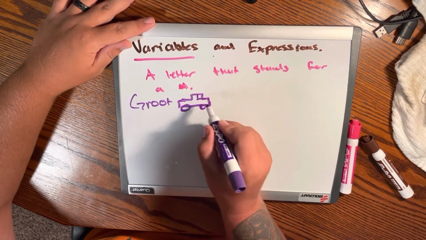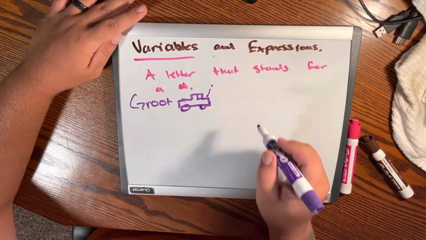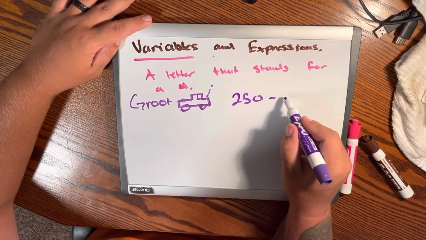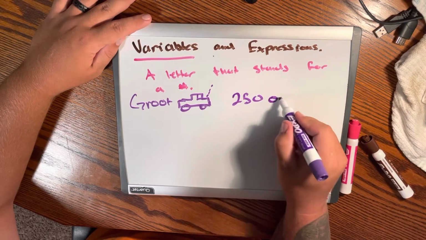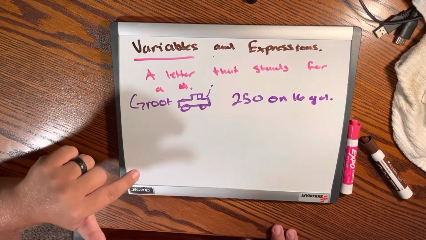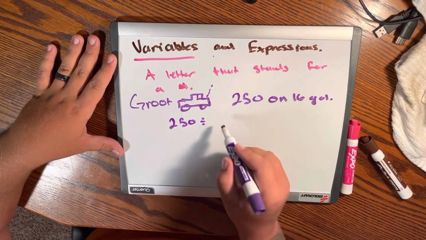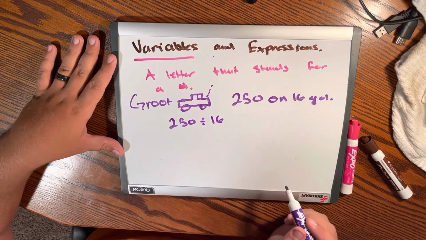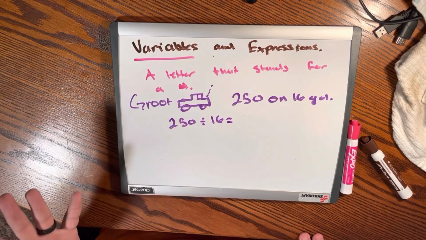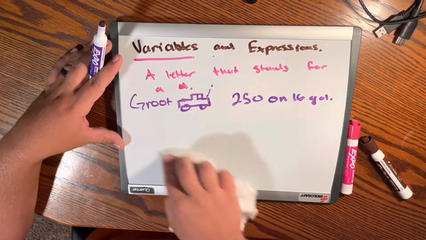Let's say he can go, it's usually like 250 miles on 16 gallons. If I want to find out how many miles he gets per gallon, all I got to do is take 250 divided by 16, and that will give me the gas mileage. I don't want to do that off the top of my head.